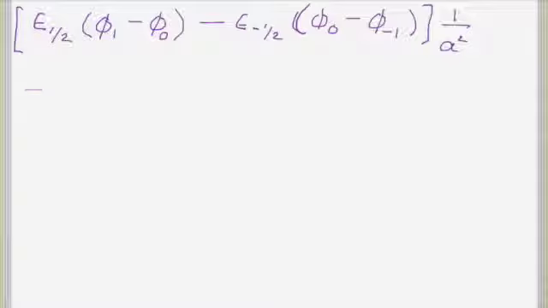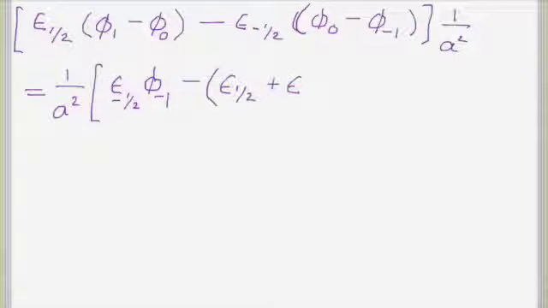So that's equal to 1 over a squared times epsilon of -1/2 times phi of -1, minus the quantity epsilon of 1/2 plus epsilon of -1/2 times phi of 0, plus epsilon of 1/2 phi of 1.